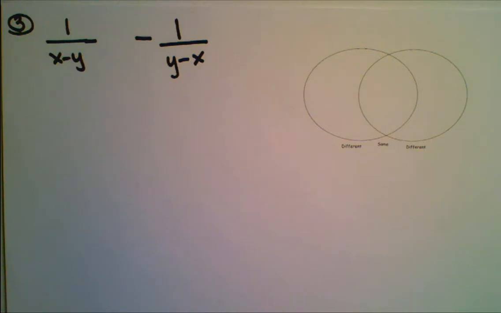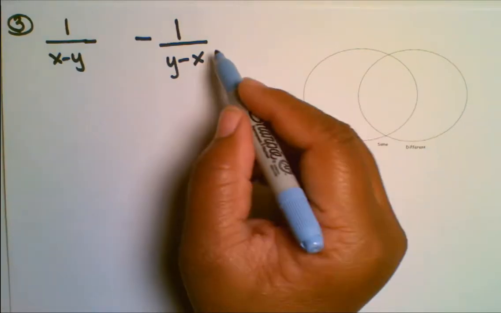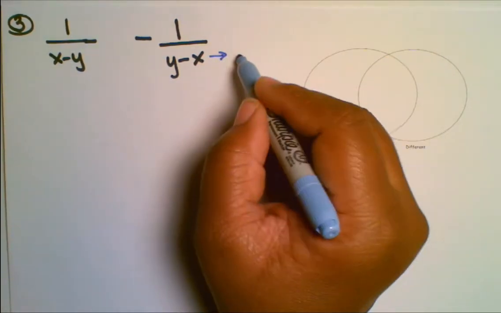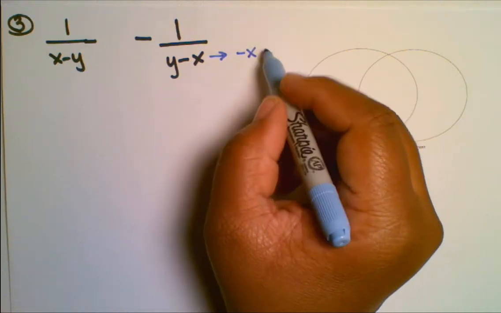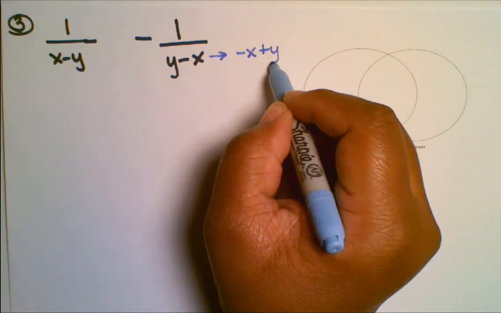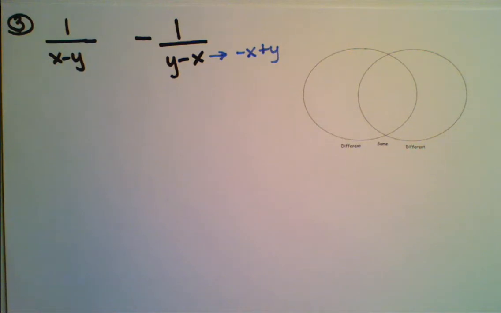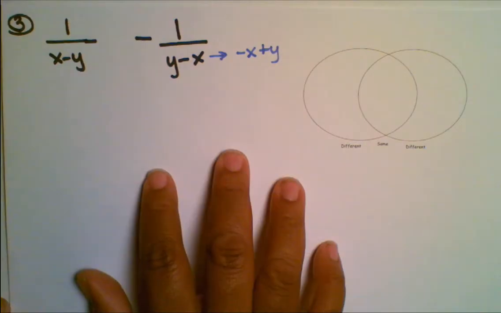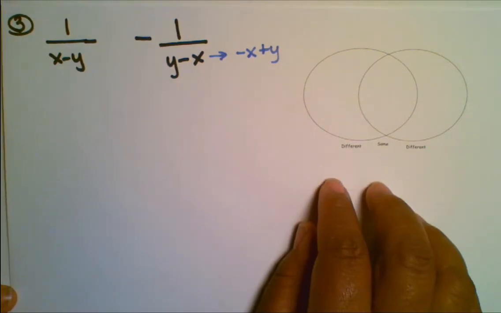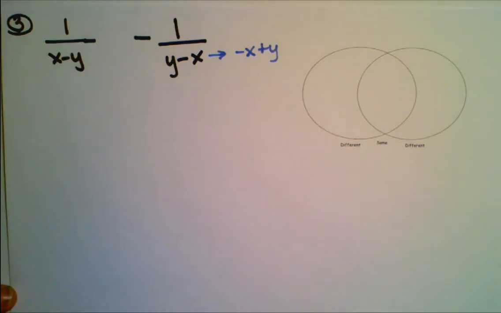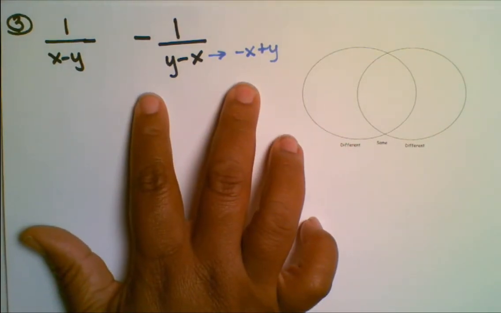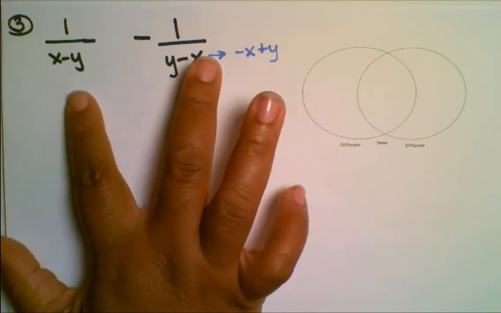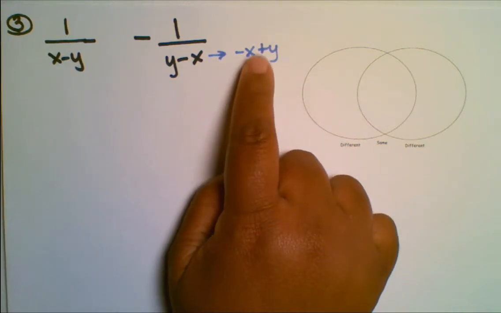So we're going to rewrite this second fraction as negative x plus y. And for this question it is a little bit different because we really don't need to use a Venn diagram, because I'm going to show you a way that we can make these denominators the same by factoring out a negative 1.